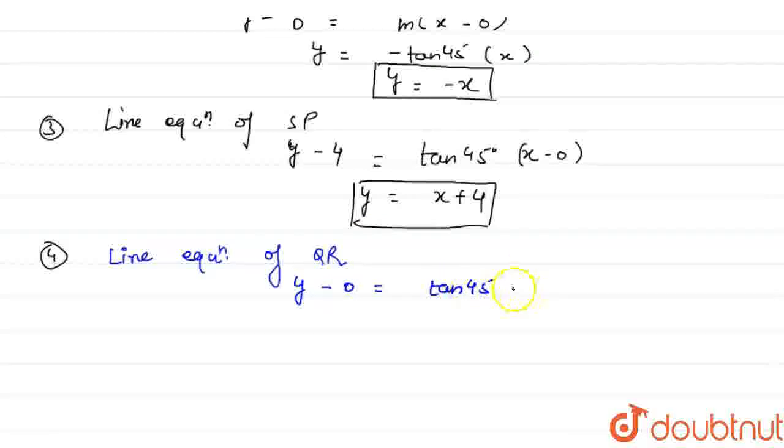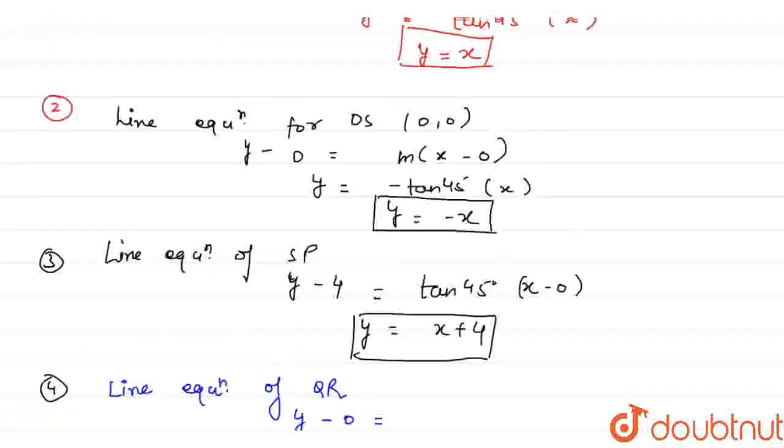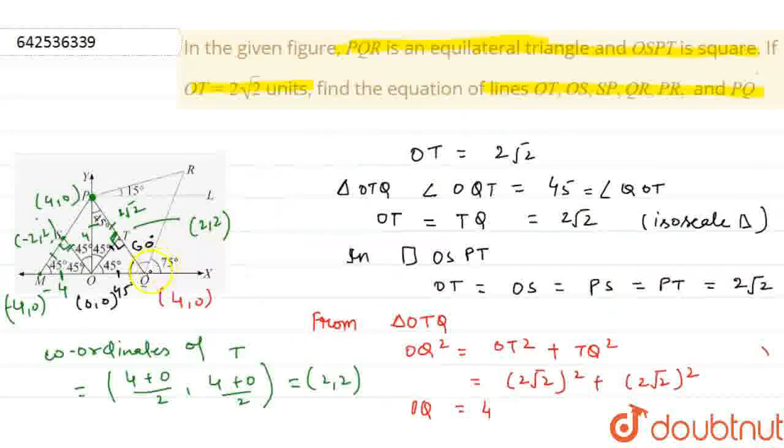Sorry, this is not 45. This line QR is passing with an angle of 135 degrees, the 60 plus 75. Sorry, this is a 75 degree angle.